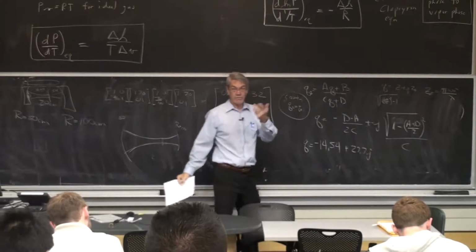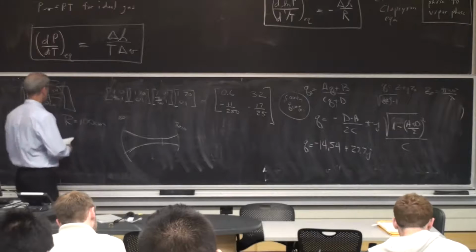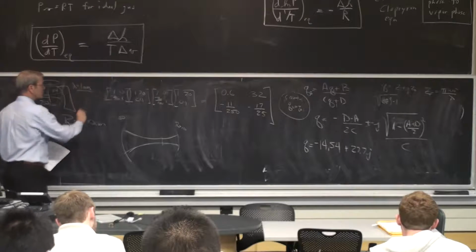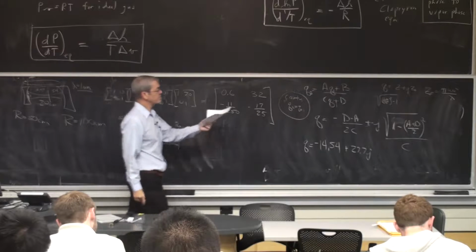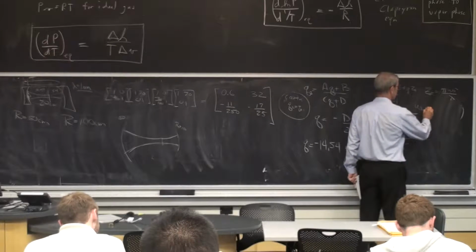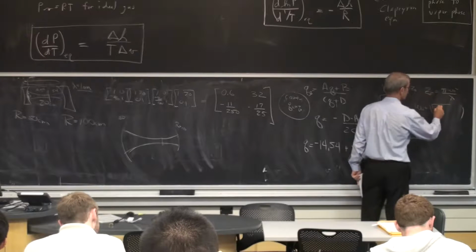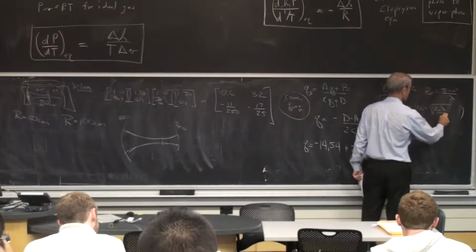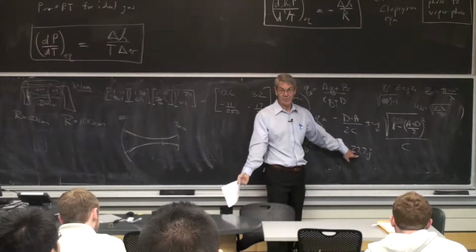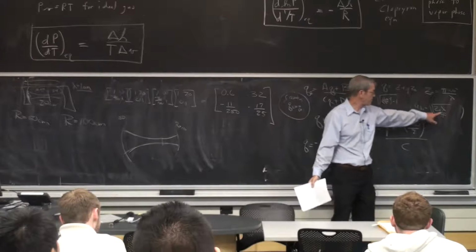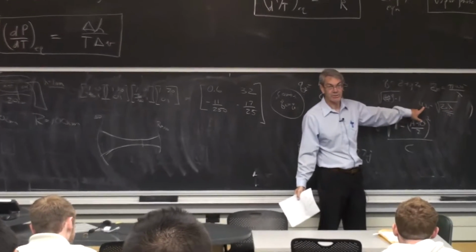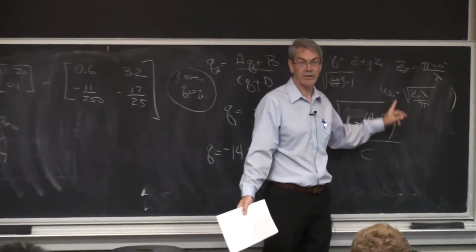I have to tell you what the wavelength is, so let's assume it's 1 micron. You need to know the wavelength. Now I can say the waist, omega naught, is going to be the square root of Z naught lambda over pi. And Z naught is 27.7 in centimeters, so I better define my wavelength in centimeters, and I'll get omega naught in centimeters. So I just have to be very consistent.